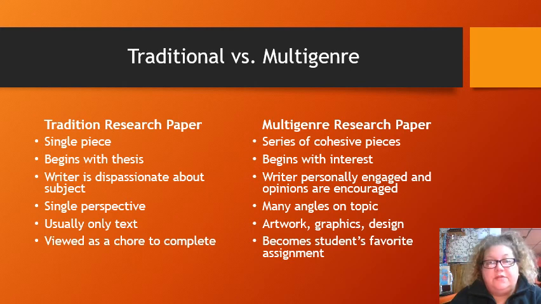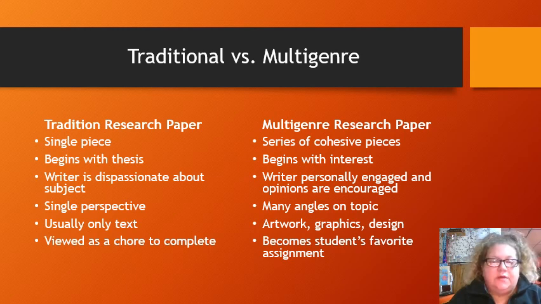Usually, the teacher or the professor will give you a subject to write about, and you can pick maybe a topic under the umbrella of that certain subject. Whereas with a multi-genre research project, the writer is personally engaged and their opinions are encouraged. With a research paper, you're presenting the facts about something, and there's really not a lot of room for your opinions.